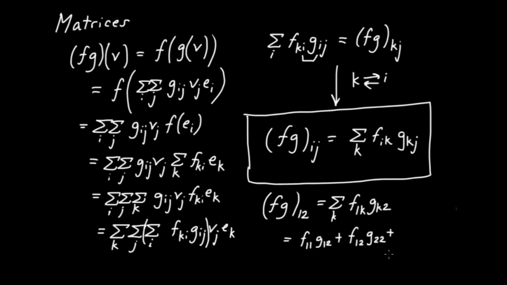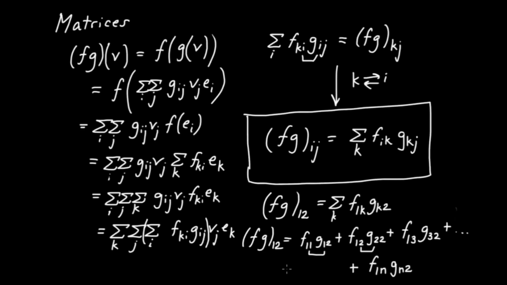So you can see it's the inside indices that are changing because that's where the k is. So it'll be f_13 g_32, dot, dot, dot, all the way up to f_1n g_n2. So that would be equal to the 1-2 entry in the matrix fg.